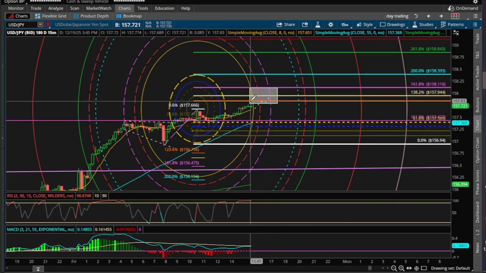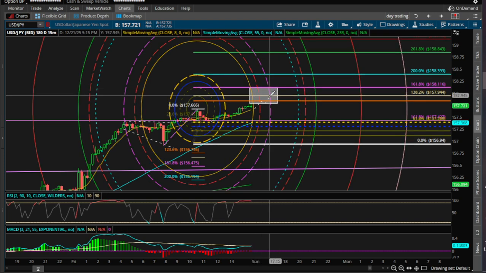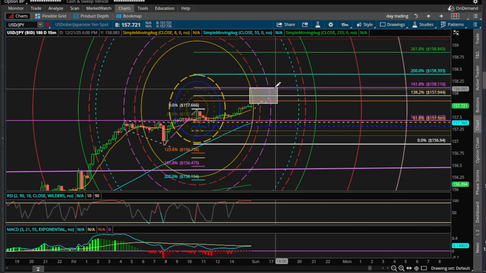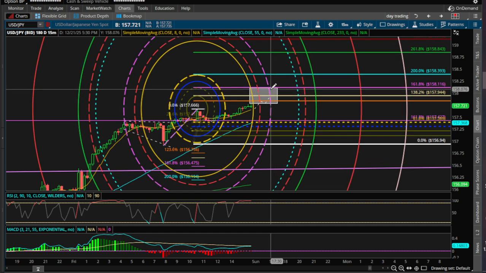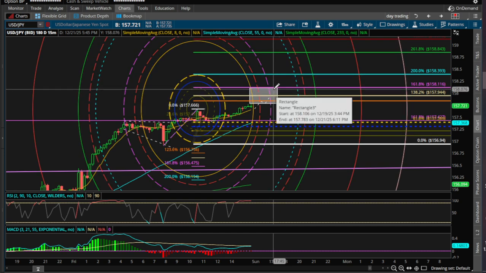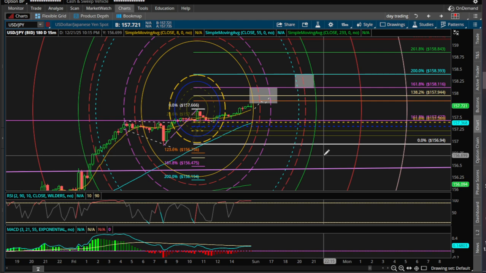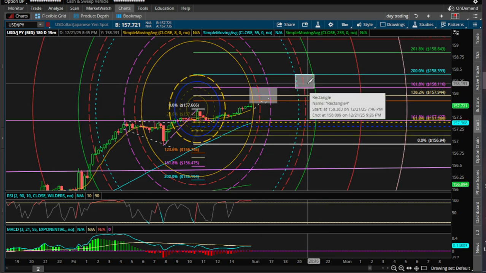Alright, once I get some kind of confirmation, basically right there at 158, if it hits there in accordance with my time, if I feel like we get a little bit stronger move, and if we break out of these three arc bands, then we might be looking for a zone here to complete this leg. All right.